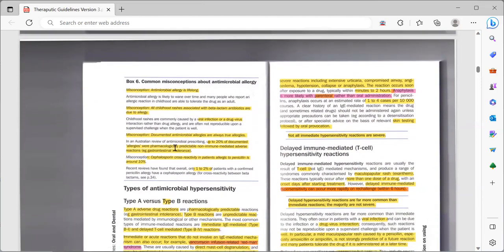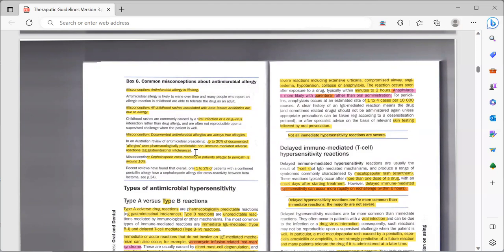And the third misconception is that all documented antimicrobial allergies are always true allergies. In an Australian review of antibiotic prescribing, up to 20% of documented allergies were pharmacologically predictable, non-immune-based adverse reactions like GIT intolerance.